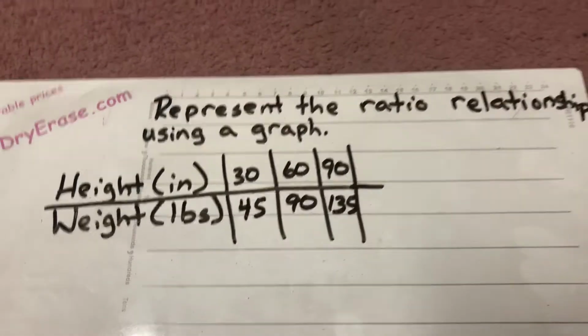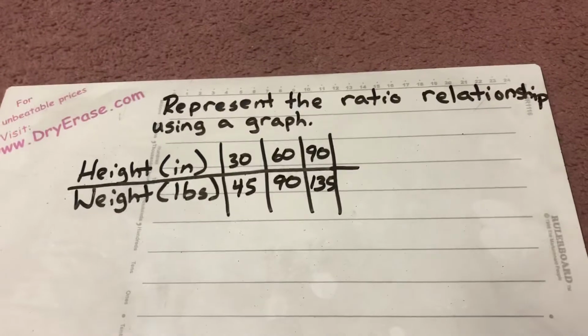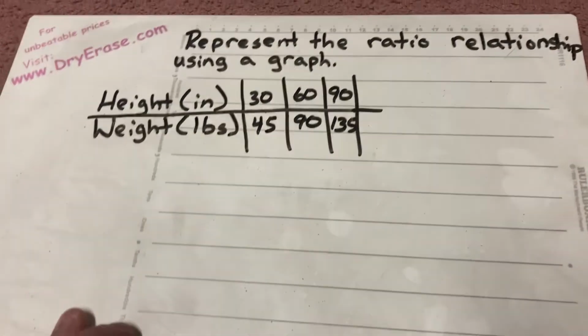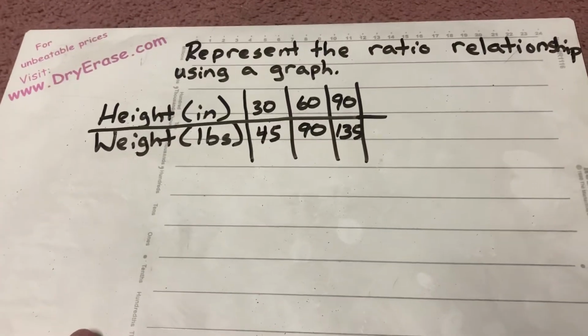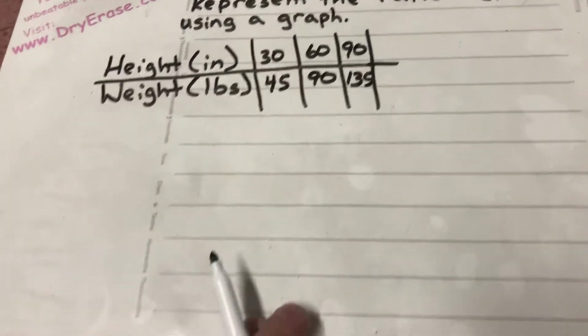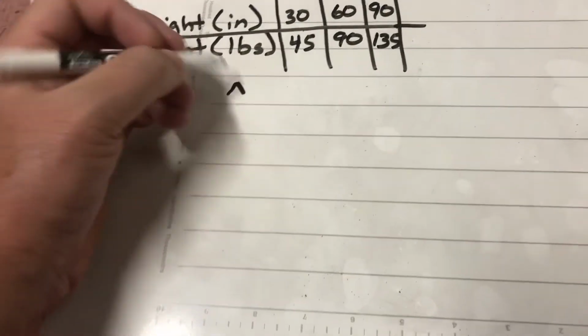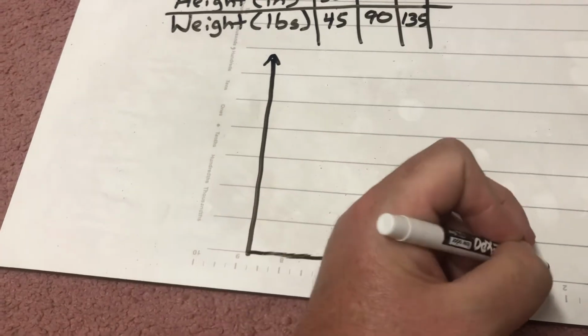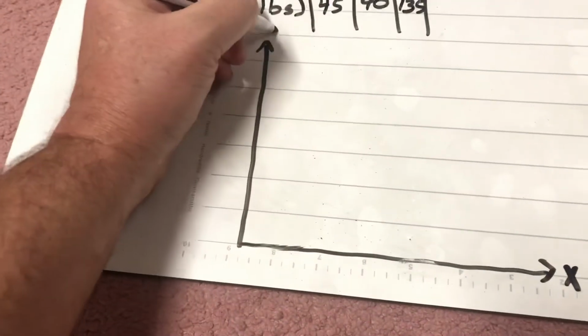Once again, represent the ratio relationship using a graph. So once again, this one's going to be a little different because you see it's not just 1. But once again, we're going to start with a graph. We're going to have our y-axis and our x-axis.